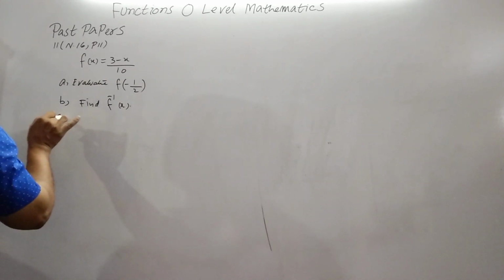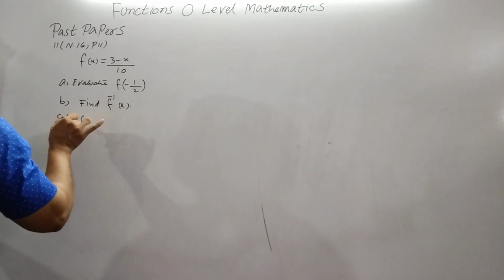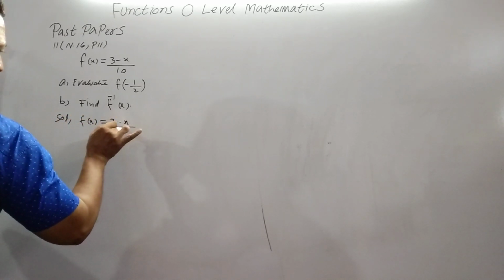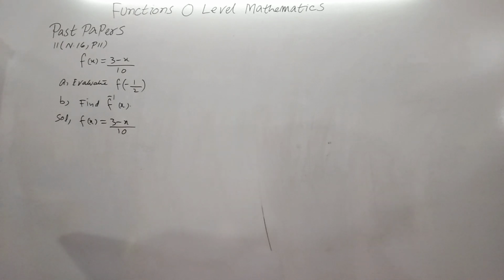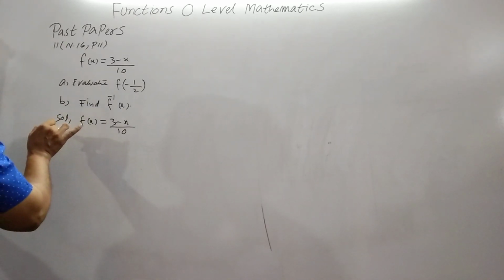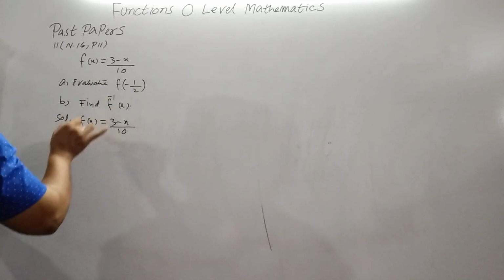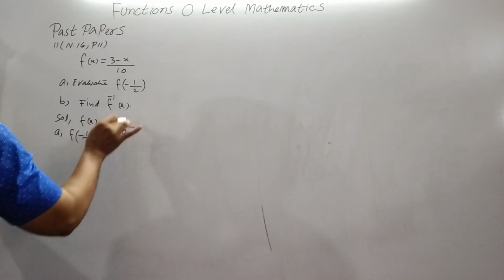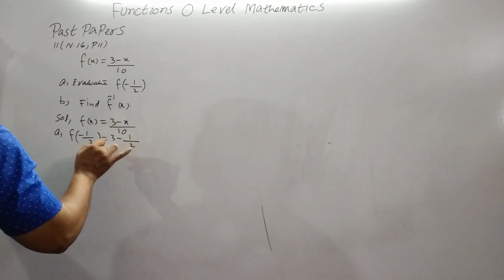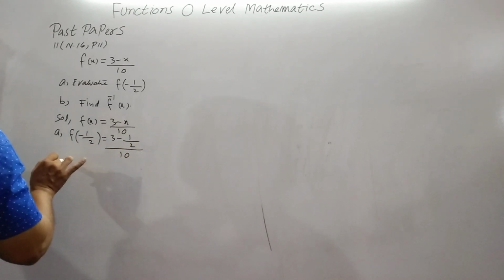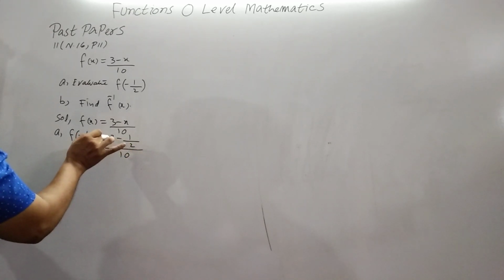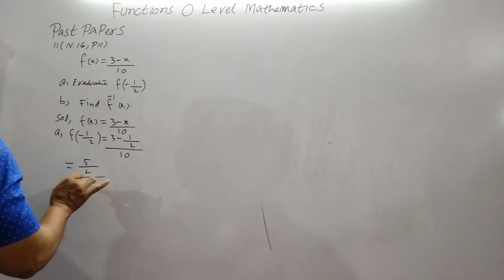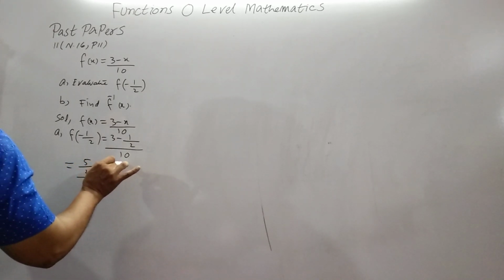First solution. Given that f(x) equals (3 minus x) over 10, we need to find in part A f of minus 1 over 2. So 3 minus x, with x as 1 over 2, over 10, is equal to 2 threes are 6, 6 minus 1, 5 upon 2, upon 10.